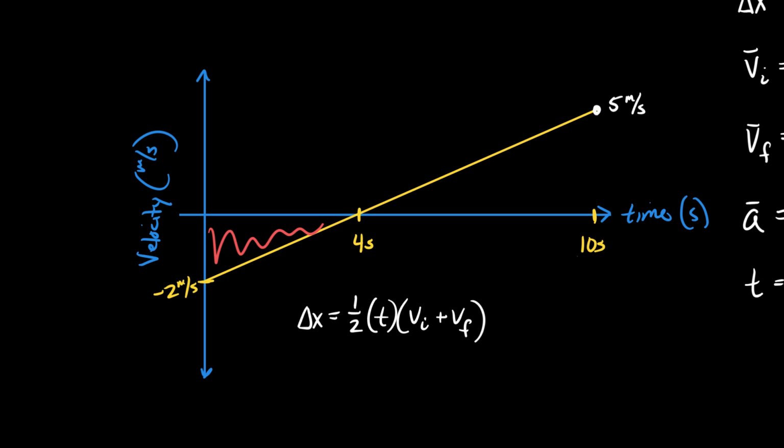Let's consider the first 4 seconds. 1/2 times 4. What is the initial velocity in the first 4 seconds? -2. That's the initial velocity at the start of those first 4 seconds. What is the final velocity for those first 4 seconds? 0. How far does it go? 1/2 times 4 times -2. How far is that?